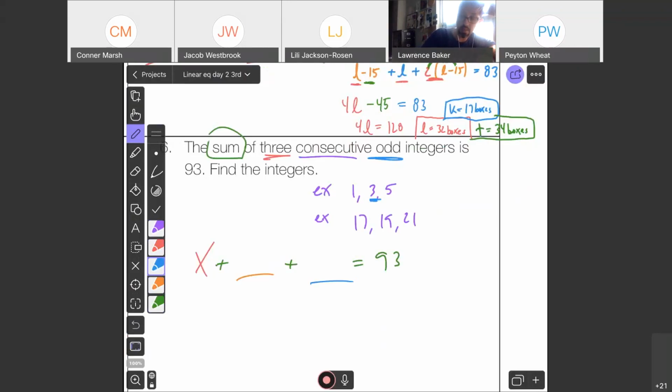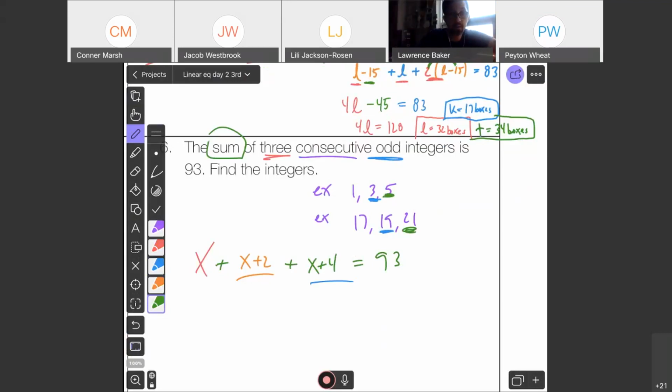So how does our second number relate to our first number? Would it be x plus 2? And how does our third number relate to our first number? X plus 4, right?